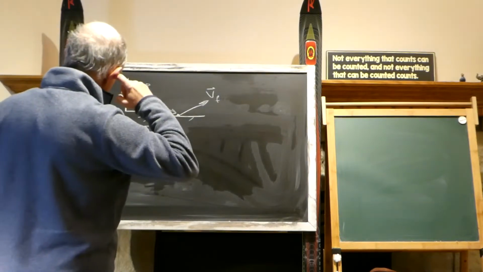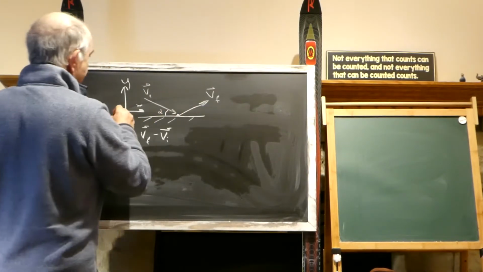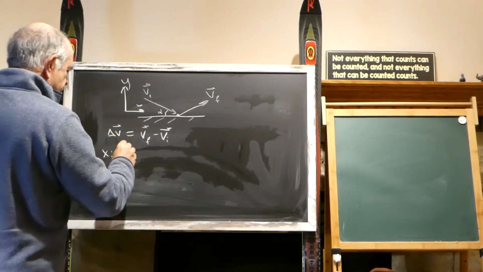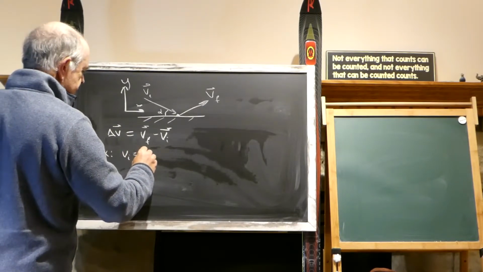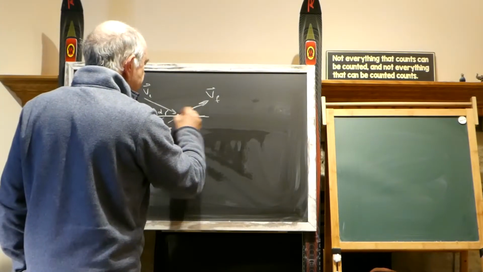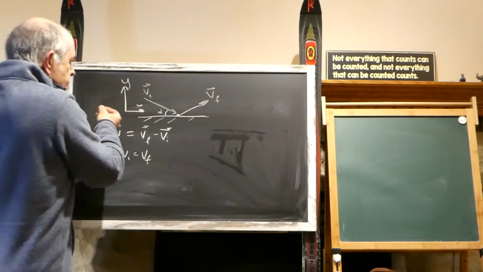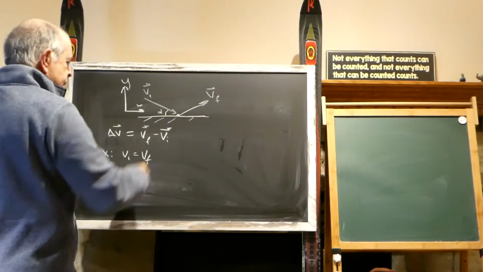But basically if I have this angle alpha, then along x v initial equals v final. There are no changes during an elastic collision, and I assume it's an elastic collision. All the bounce happens in this direction.